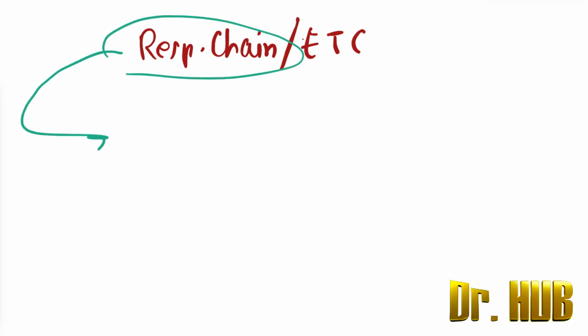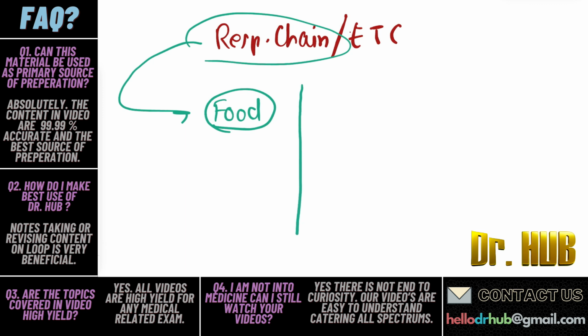So let's look at where the food begins. In the respiratory chain, the food goes down as the fatty acids as well as the glycerol. Next is the carbohydrates.